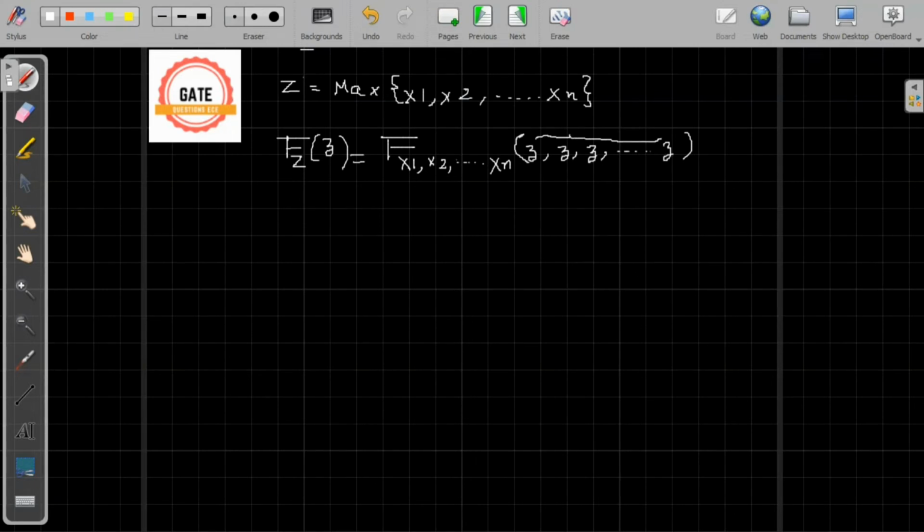This z is written n times. So this is valid even if the Xi's are dependent or independent. In both cases, this is valid.